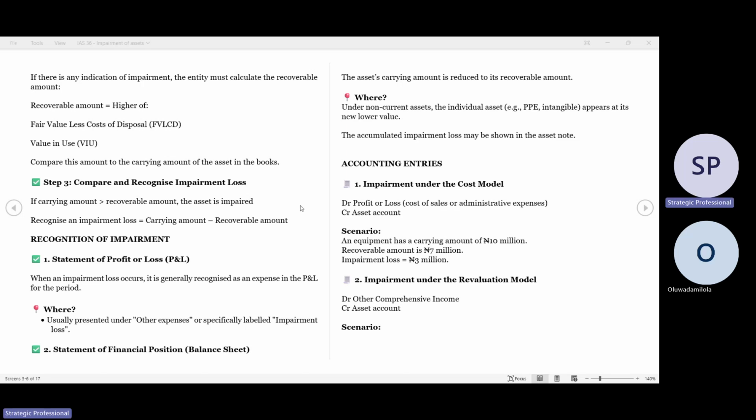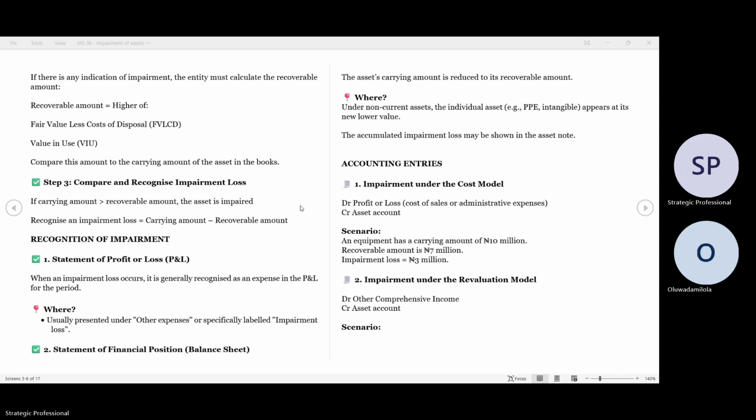For lack of a better word, your magu would tend to mislead the users of financial statements. And you're not supposed to mislead them, because one of the essences of preparing and auditing a financial statement is that it has to show a true and fair view of the transactions of the business.